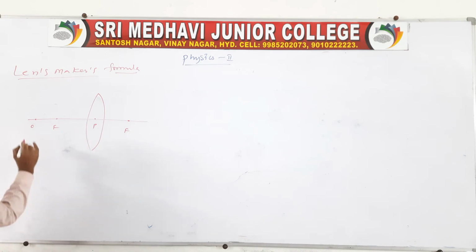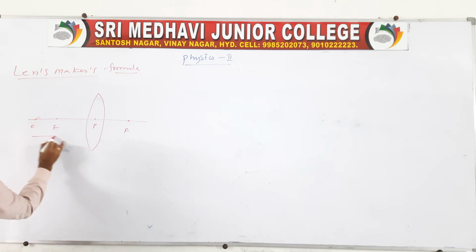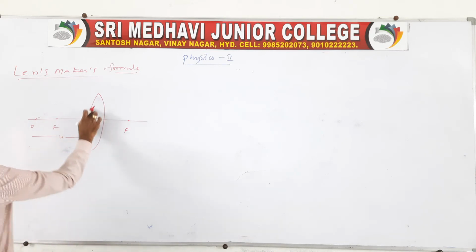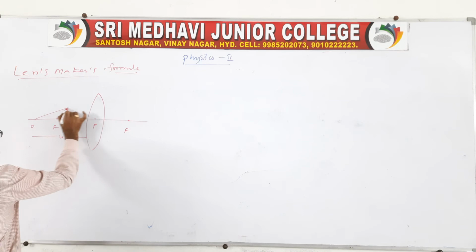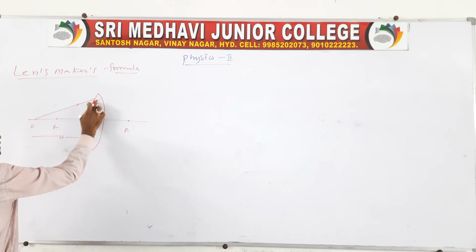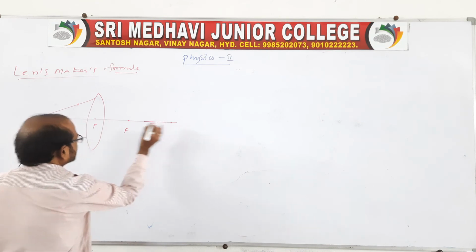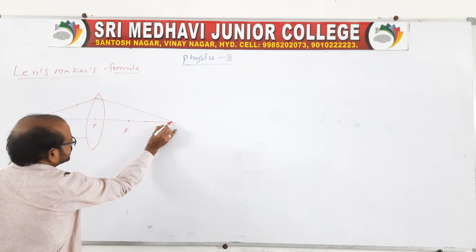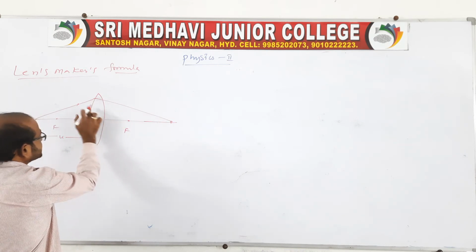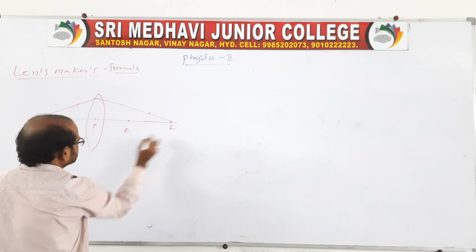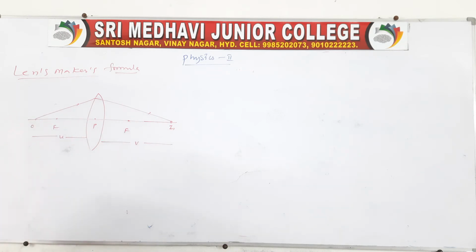The object distance is U, the distance at which the object is placed from the convex lens. Because of this refracting, curved surface, an image is formed at a position like this. The image position is V.